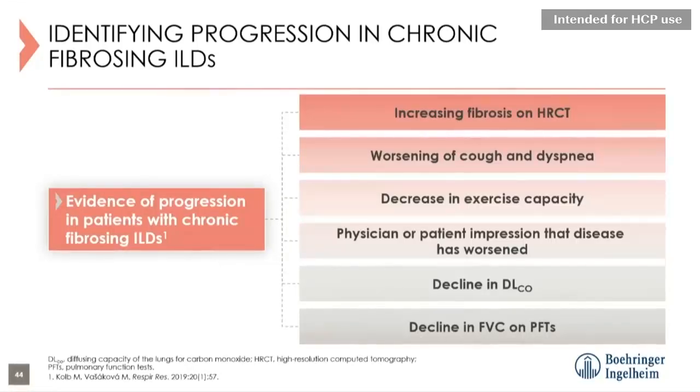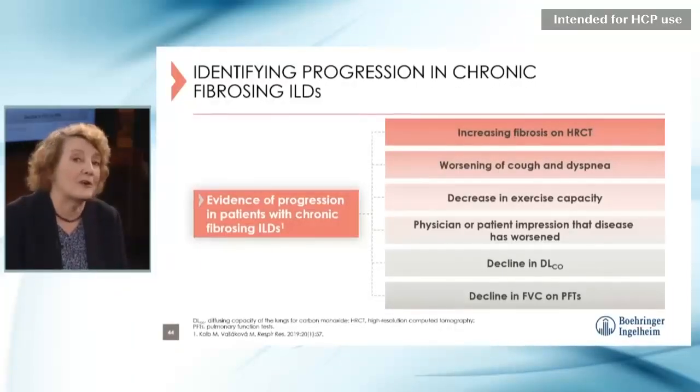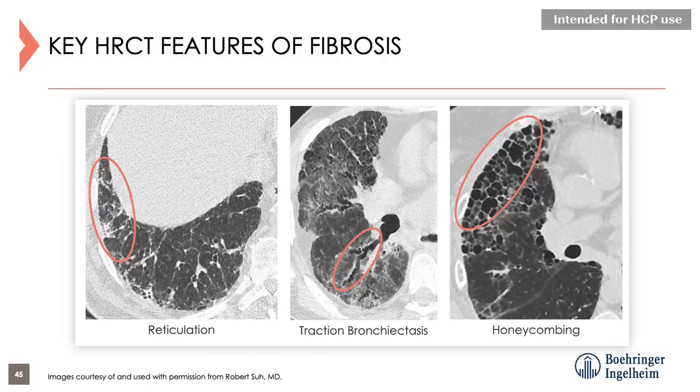Then we do pulmonary function tests, and we follow the FVC and the DLCO. And then we follow the progression of fibrosis on the HRCT. And remember the key HRCT features associated with fibrosis: reticulation, traction bronchiectasis and bronchiectasis, and most importantly, honeycombing.